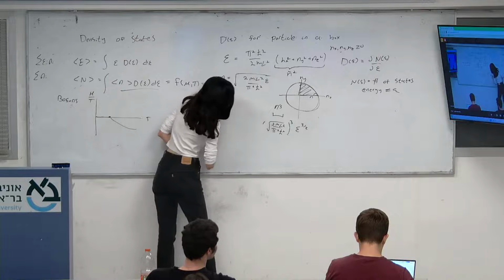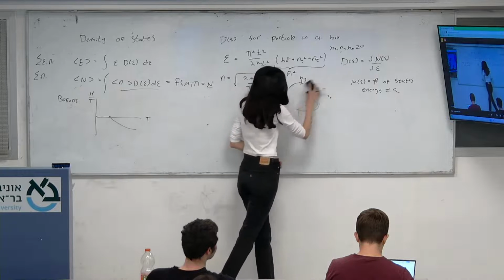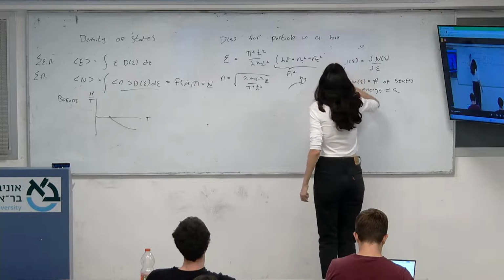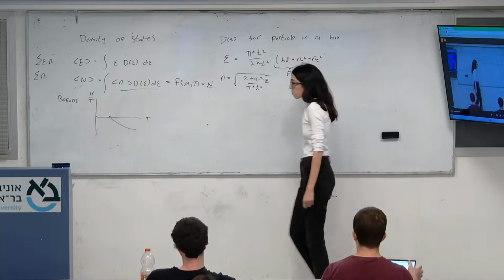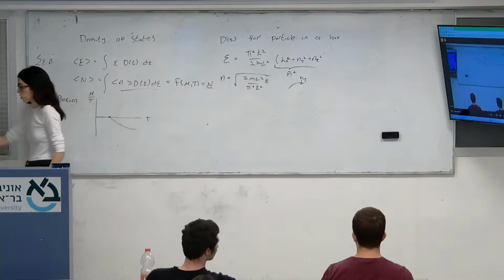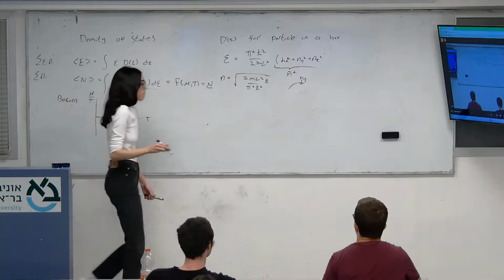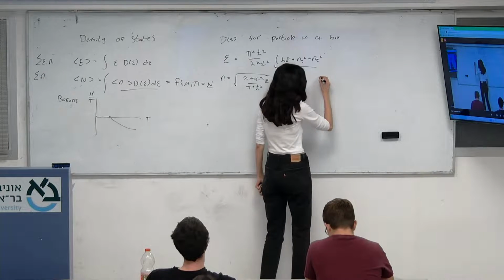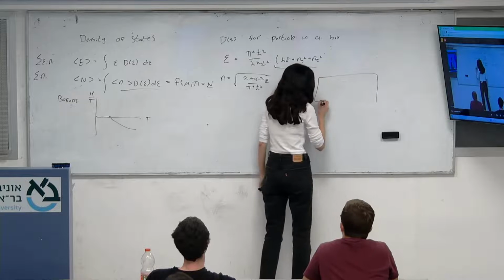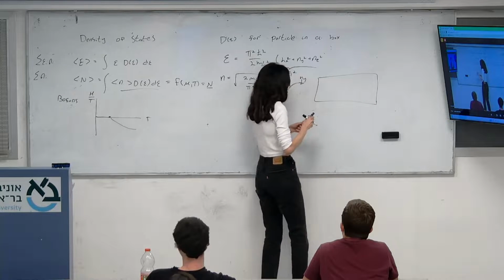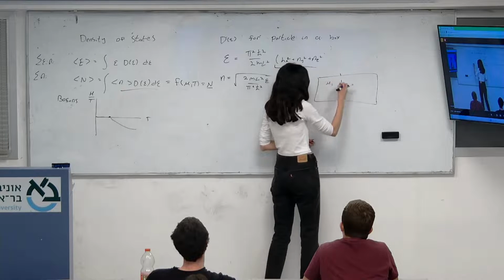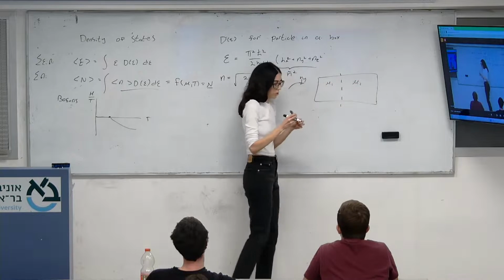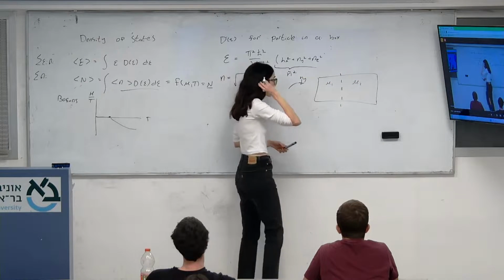When we think about chemical potential, let's say we have a box, and this part of the box has mu1, and this part has mu2.